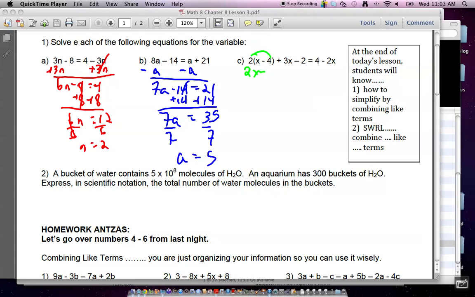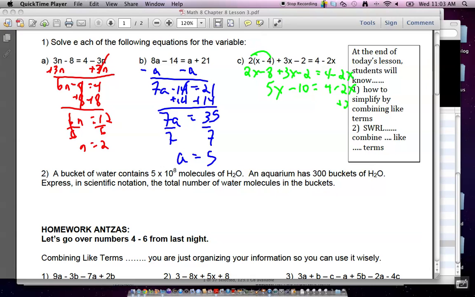Distribute here, 2x minus 8 plus 3x minus 2 equals 4 minus 2x. And as much as this looks longer, it should not look complicated to you. First, I got to do same side here. 2x's and 3x's is 5x's. Negative 8 and negative 2 is minus 10 equals 4 minus 2x.